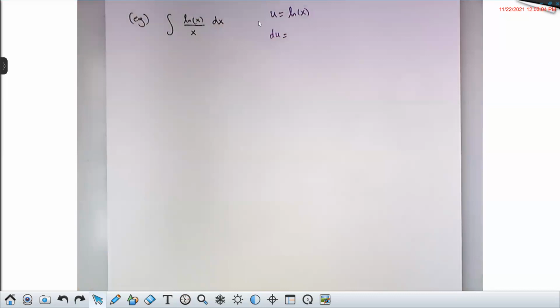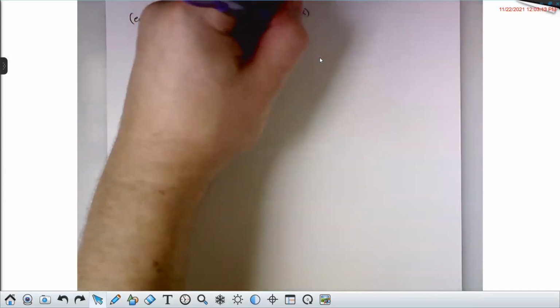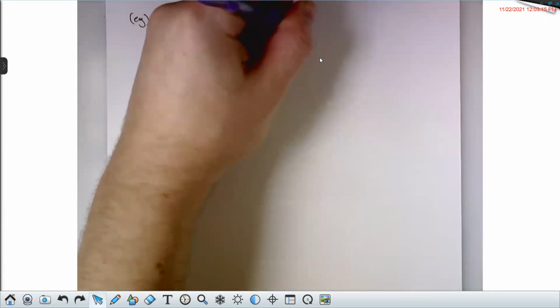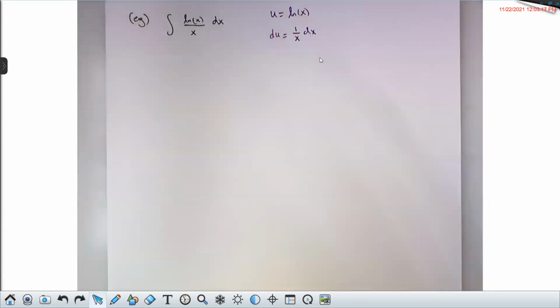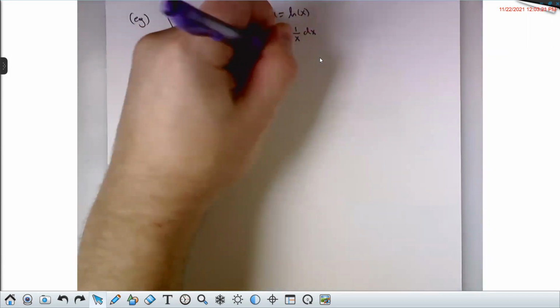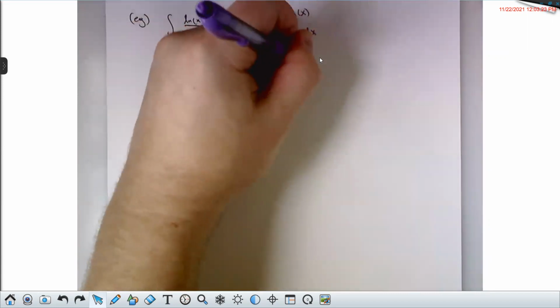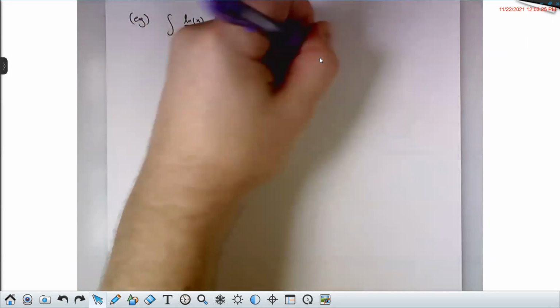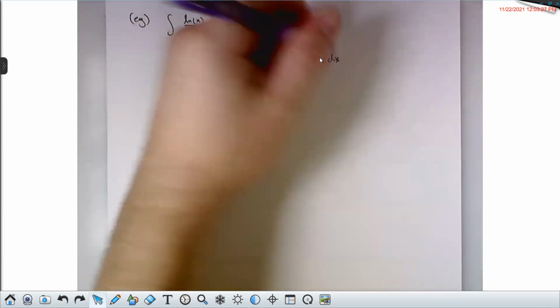This is nice because of the differential. If u is equal to ln x, what is du? 1 over x dx. Very good. And if I solve this for dx, I get x du equals dx.